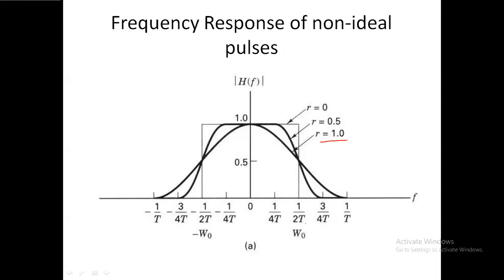And if the excess bandwidth is 50%, it means that we are using the roll-off factor of 0.5. So the roll-off factor is determined by how much excess bandwidth we use, which can be 50% or 100% of the actual bandwidth utilized by the rectangular filter.